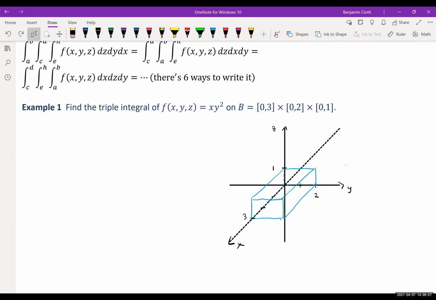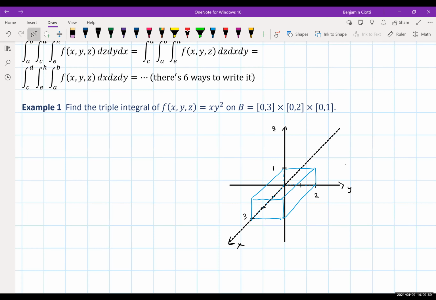So let's proceed with computing this triple integral. The triple integral over the box B of the function f, or perhaps I should say of xy squared dV, will equal. Now, I'm free to integrate in any order I want.